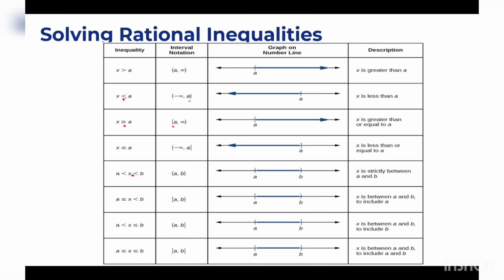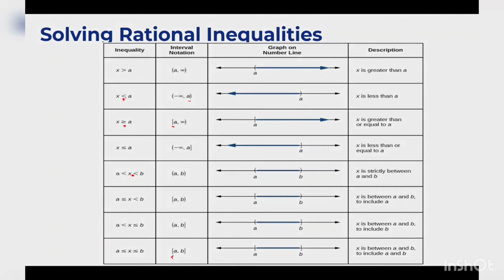So we have here parentheses between a and b because a and b are both not included in your solutions. But if you see an equal sign, greater than or equal sign, less than or equal sign, it means that your solutions are included. That's why in the interval notation, we'll make use of brackets.